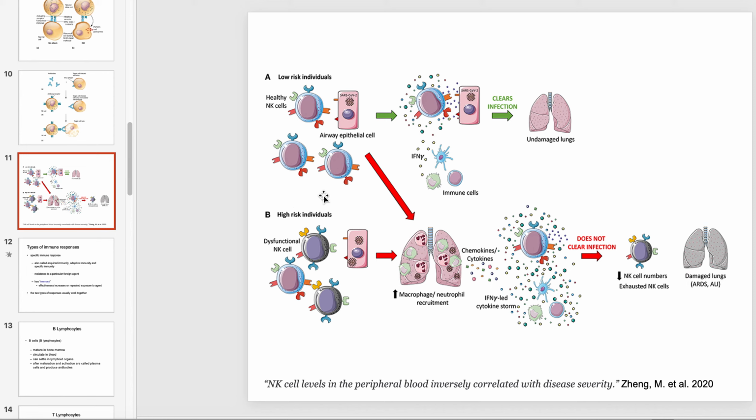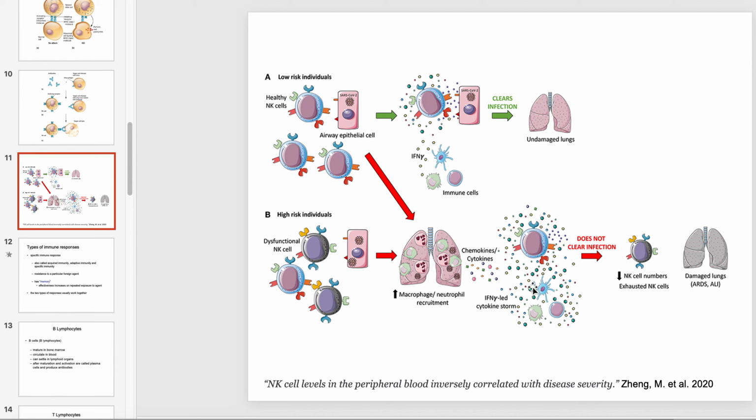With high-risk individuals, there's a dysfunctional NK cell response, and as a result, the NK cells grow like crazy. They're less able to recognize the distinction between an infected cell and an uninfected cell, and so they start to produce excess cytokines and chemokines. They produce a ton of interferon gamma.